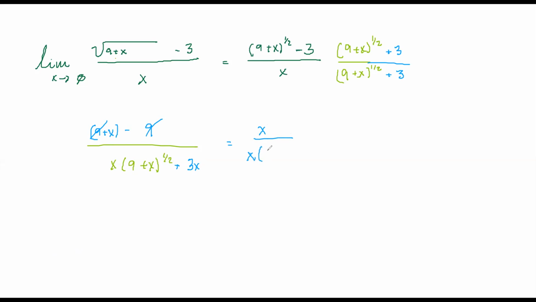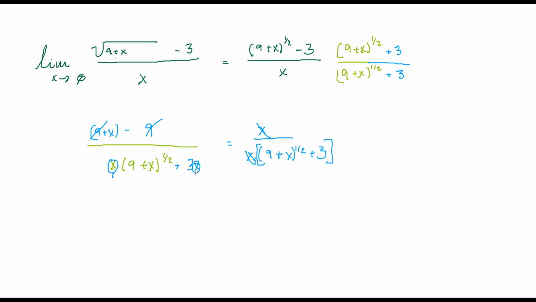Pull out that x. So we have 9 plus x to the 1/2 plus 3, and then we're just going to put that in brackets. So I pulled that x out of here and here. Yeah, two minds together. Yeah, just didn't factor out the x. The x will cancel out. How did you pull out the x if it was already out?